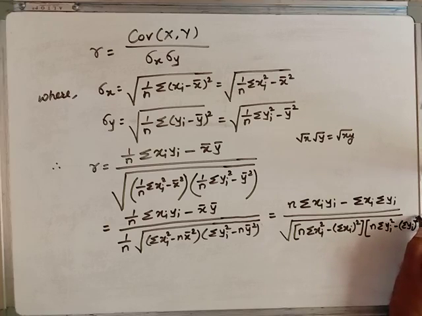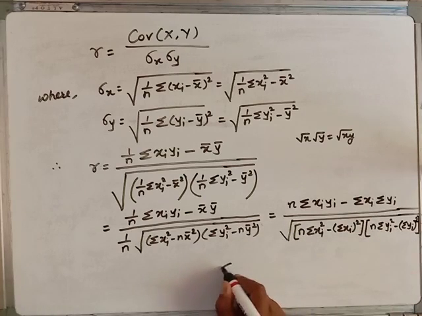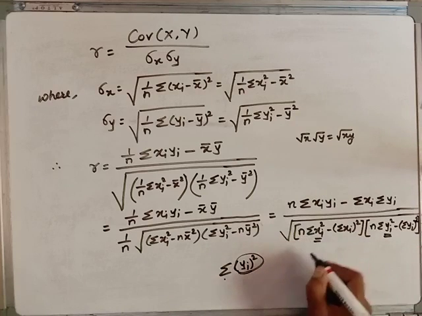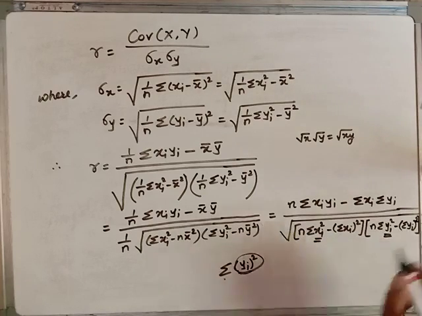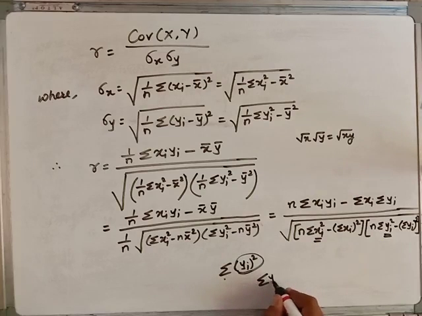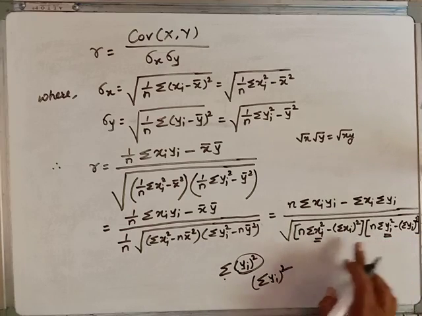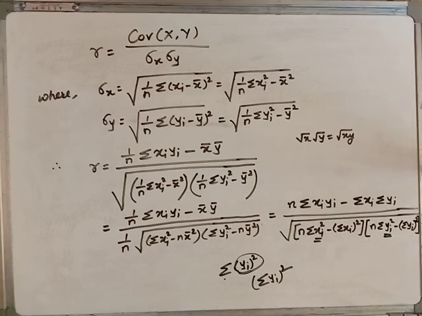There is a difference between these two things. Remember, one of these is the summation of yi square: we have to square first and then add. Similarly, this one also. And here we have to sum first and later square. These are two different things. Okay, remember them.